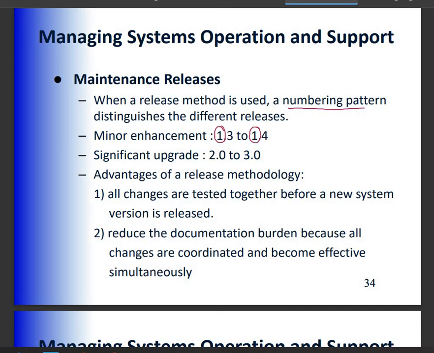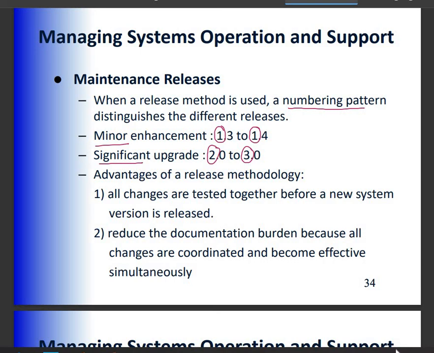So bila 1 itu maintain, dia melibatkan minor enhancement. Tetapi kalau awak tengok, dia bertukar daripada 2 pergi kepada 3. Bermaksud ianya ialah 1 significant upgrade ataupun major enhancement. So, apa advantage of release methodology?